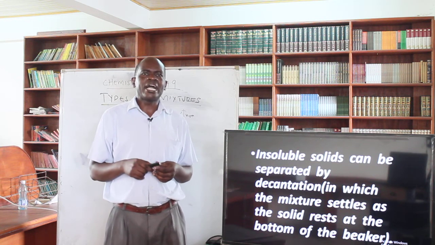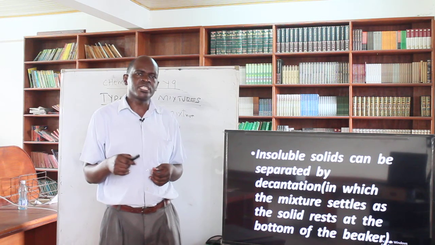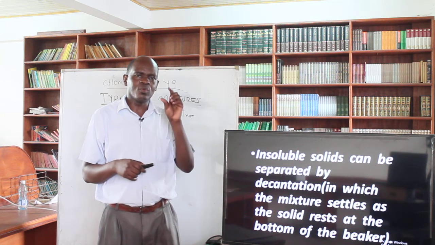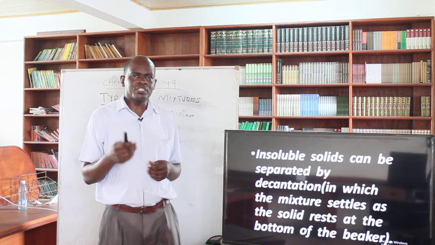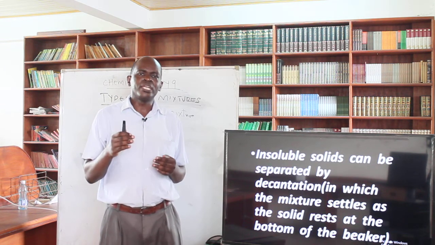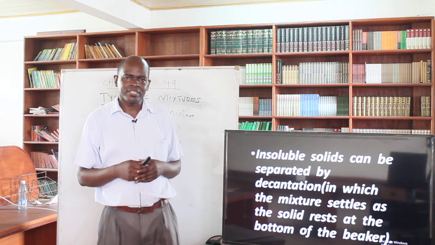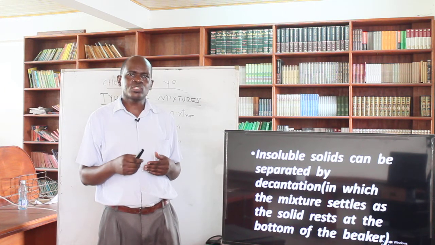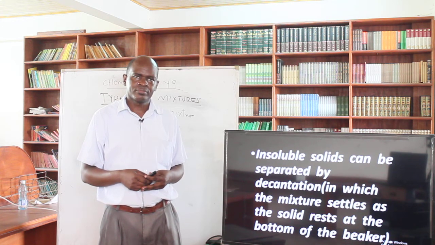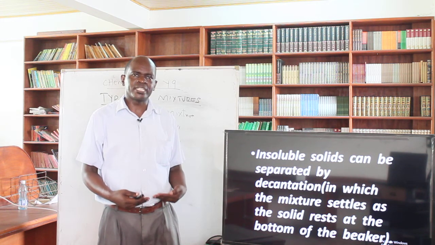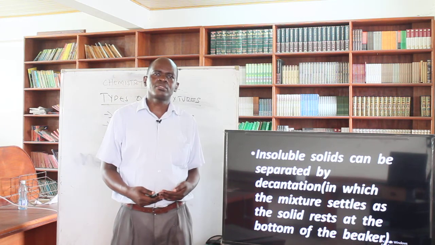So when we have a mixture that contains an insoluble substance, then one way that we can separate the two is to use the decantation method. Then what does decantation mean? In this case, we let the mixture settle after some time. Then the solid will rest at the bottom of the beaker. So the solid particles will collect at the bottom of the beaker after some time.